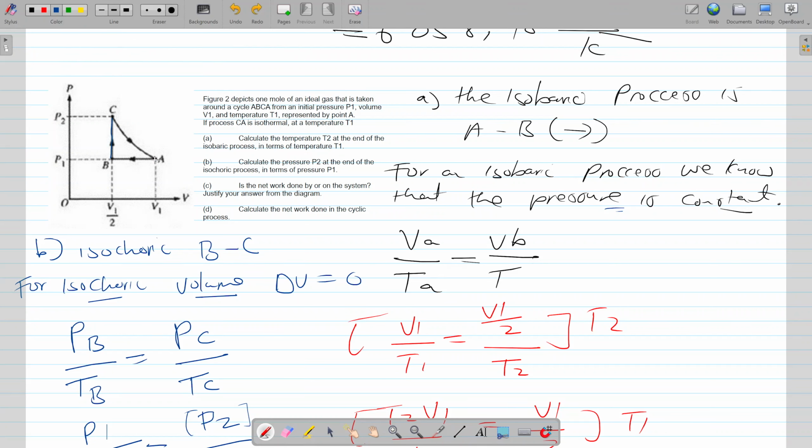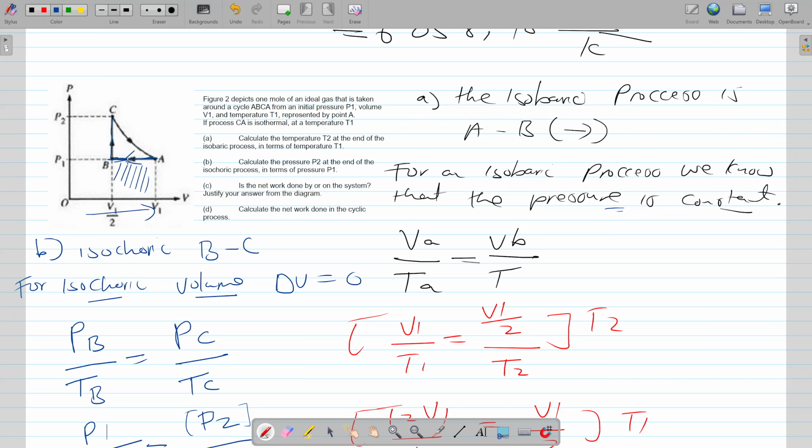And then for AB here, you know that the total work done is going to be the area under the graph here, right? And by the way, this process here is compression because our volume is decreasing, right? Our volume is decreasing. It goes this way. Remember that our volume increases this way and our process goes in the opposite direction.